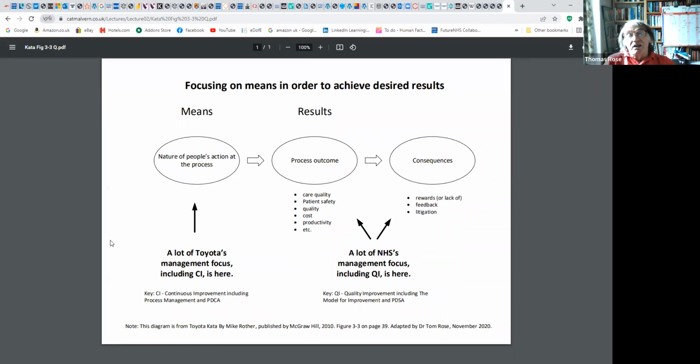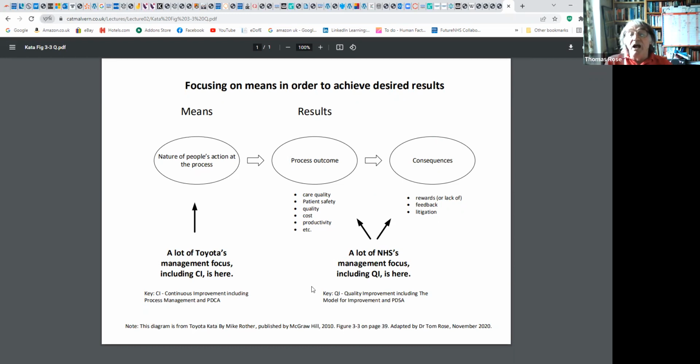Most of Toyota's management focus is here in the process, and that's continuous improvement. And the tools that are used for continuous improvement are exactly the same as the tools that are used for quality improvement. They're just applied differently.